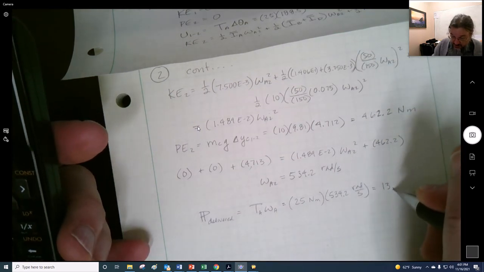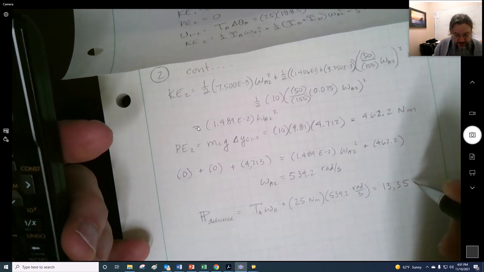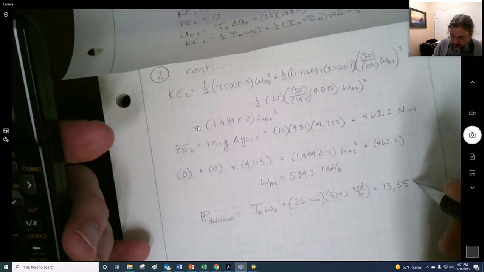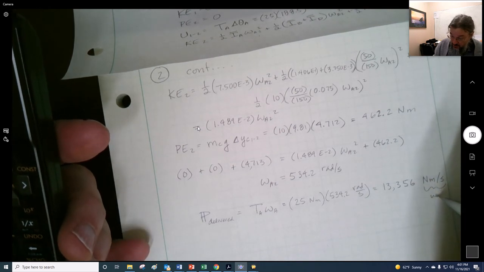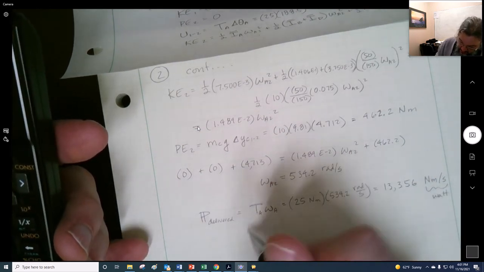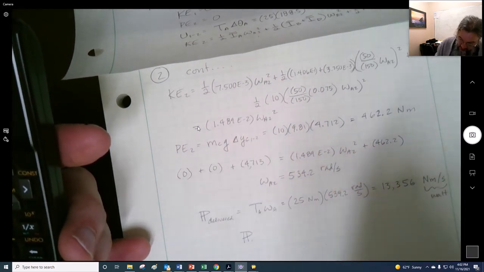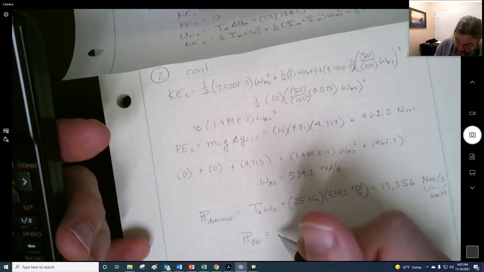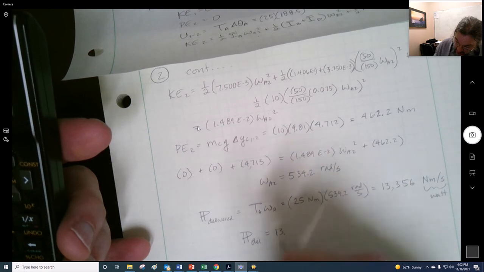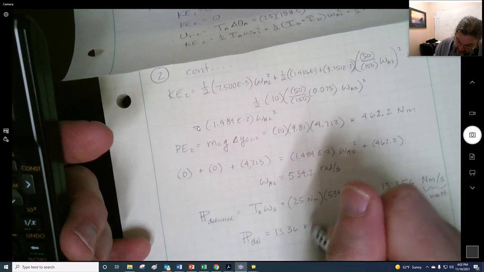That's 13,300, and did I do that right? Yes, I did. And 56 Newton meters per second, which is the definition of a watt. Therefore, I just say del for my delivered here, and that is going to be 13.36 kilowatts. Didn't make that W very good.